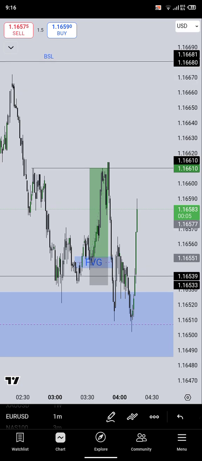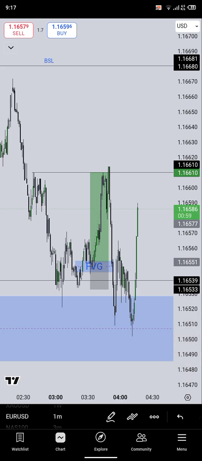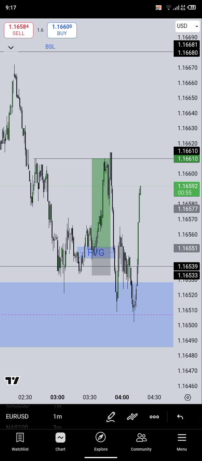For example, look at where price stopped before going in the opposite direction. Some of these things you can notice quite easily by doing a higher time frame top down analysis, going down to the lower time frame.